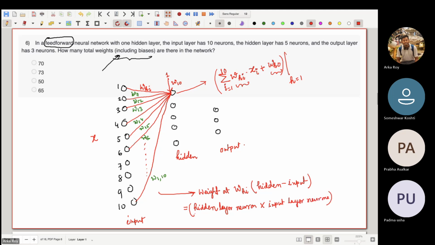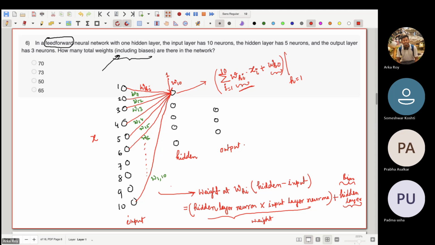This is for the weight part, plus hidden layer neuron. And this is for the bias term. So this is for the bias term and this is for the weight term.